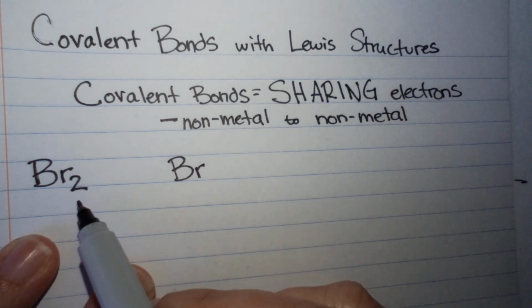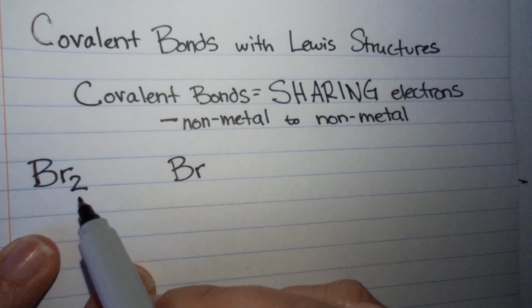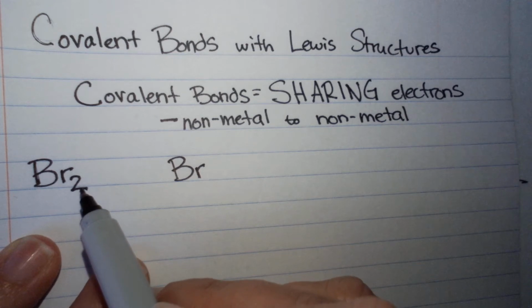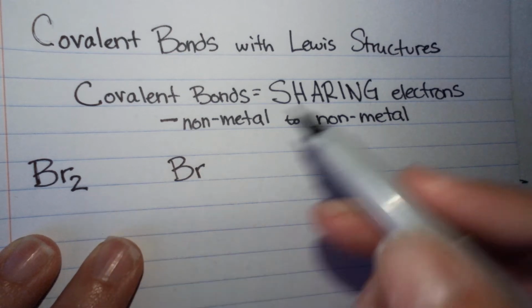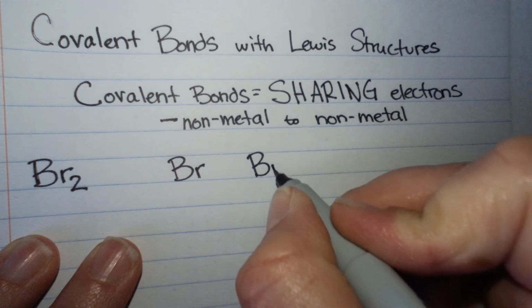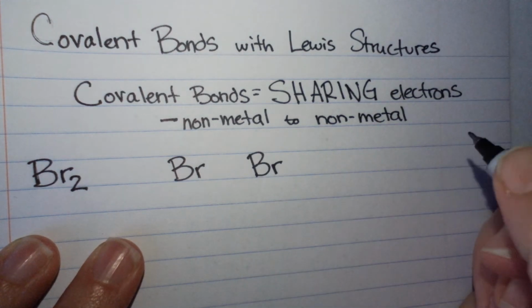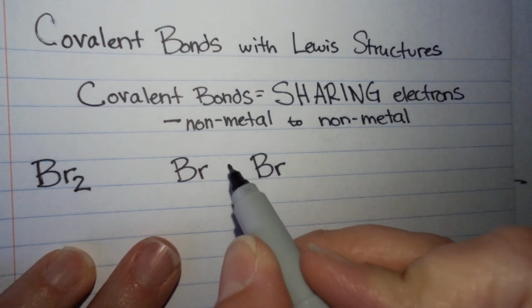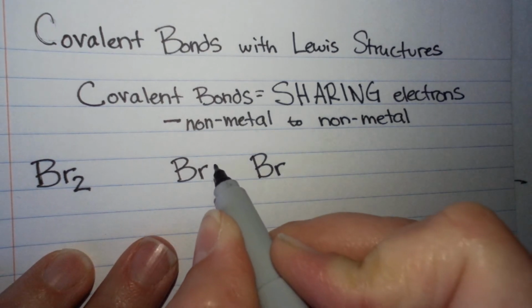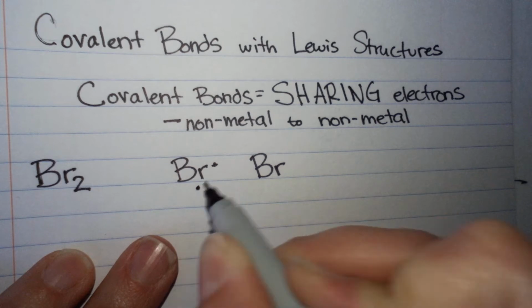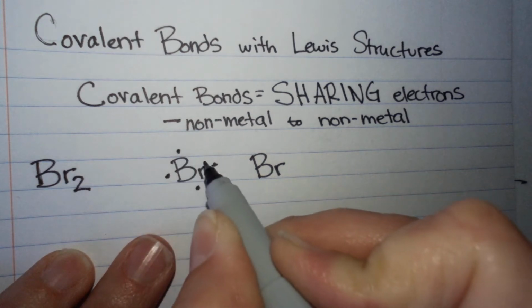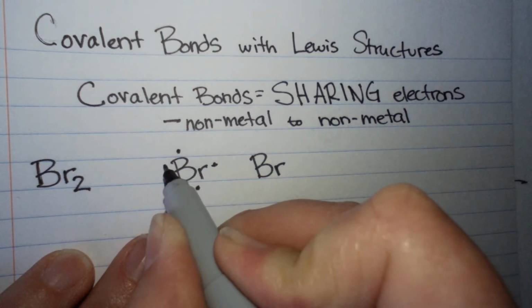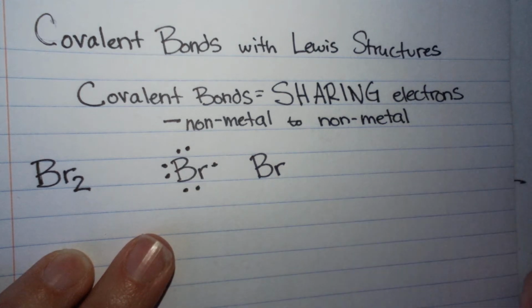How many atoms of bromine do we have here? 2. So that means we're going to need 2 of them. And you guys just said bromine has 7 valence electrons. So we're going to start seating our electrons. We're going to say 1, 2, 3, 4, 5, 6, 7.